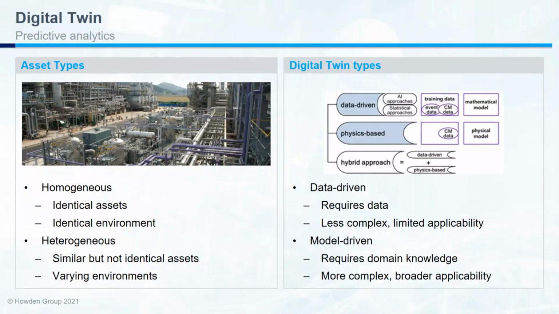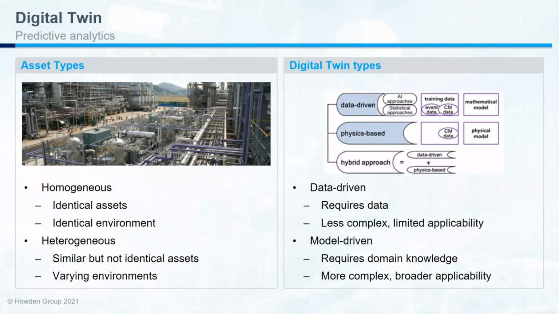Or are we looking for heterogeneous assets? These are similar assets, but not identical, and often also operating in different process conditions. And I think 95% of the products from Howden are heterogeneous assets. That's important to keep in mind if you start developing your digital twin types.